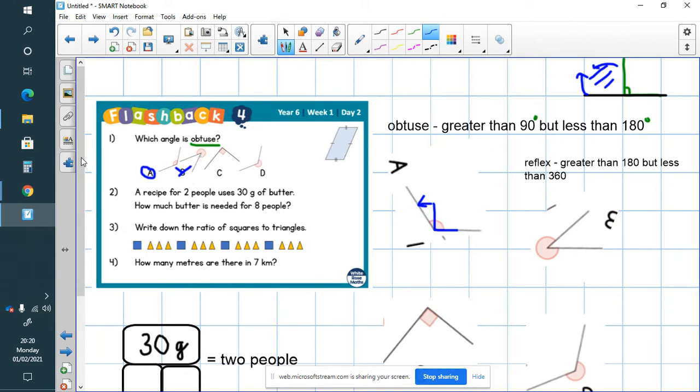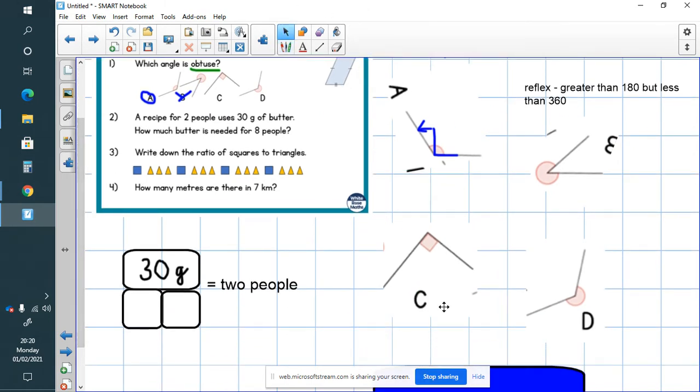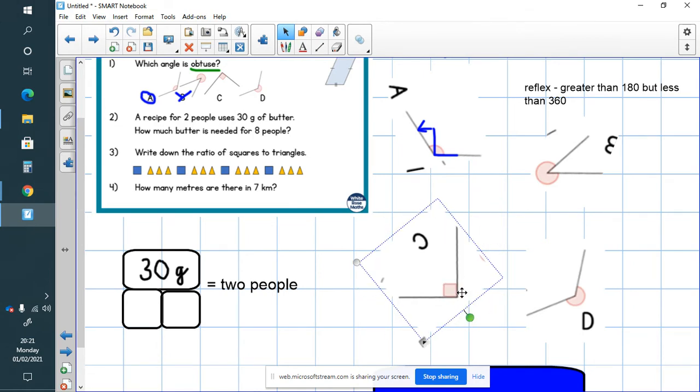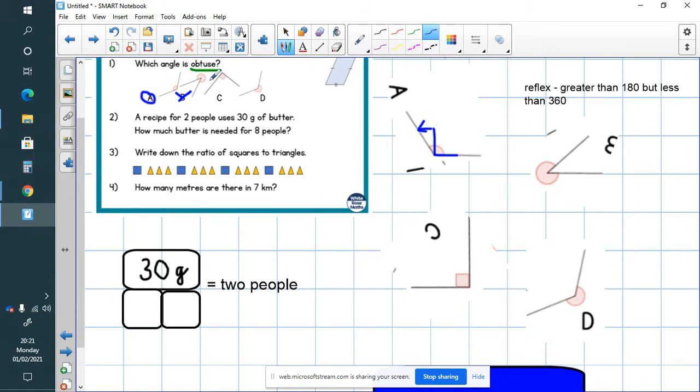Let's have a look at angle C. Again, I'm going to rotate it to help us. What do we know about angle C? Well done. Angle C is a right angle. It is 90 degrees, and therefore it is not obtuse.